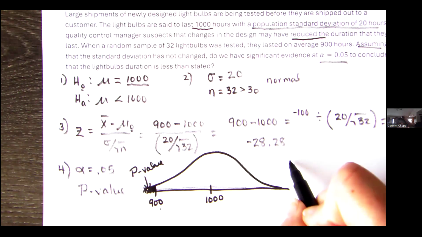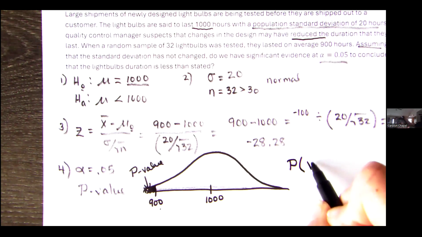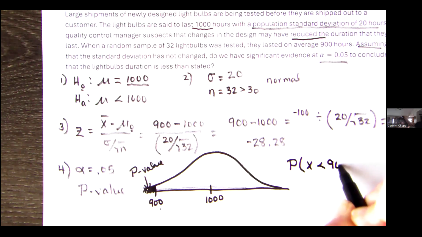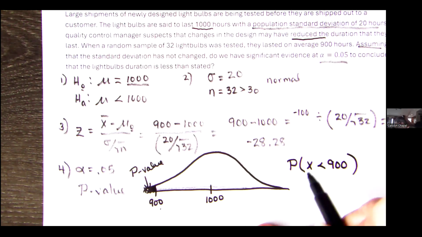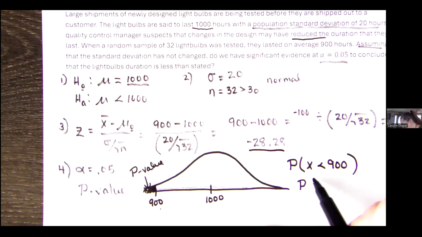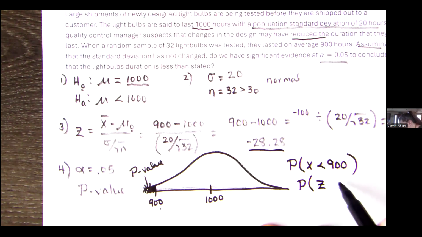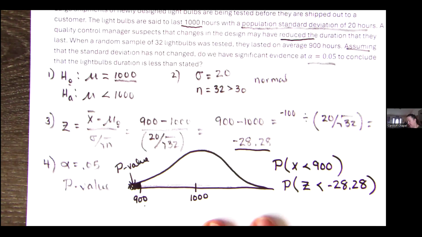So our p-value is the probability that x is smaller than the 900 that we actually got from our sample. And when we calculated this, we standardized it to a z, and we come up with that piece right there.